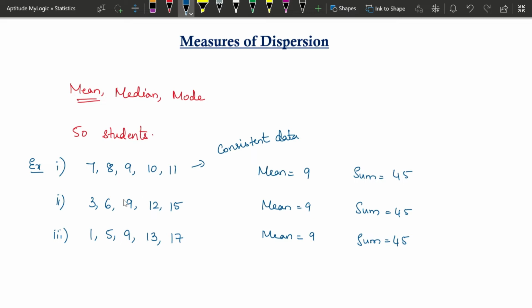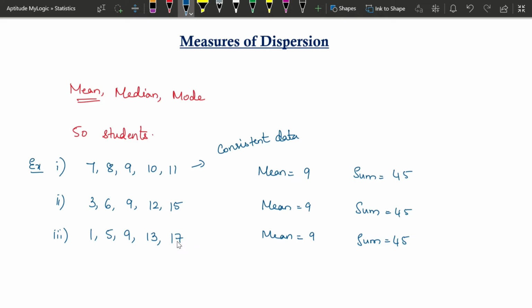Now in the other two, the values are a little more scattered, and in the last case it is very much scattered. Let us assume this is marks out of 20, then one student has got just 1 mark and another student has got 17.